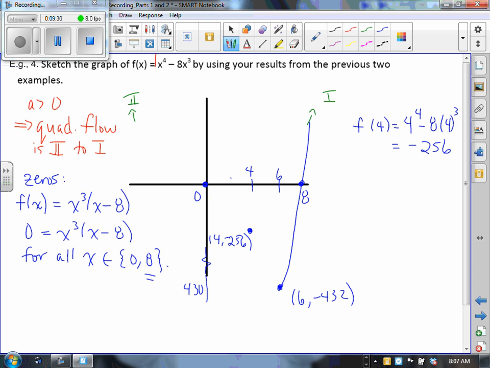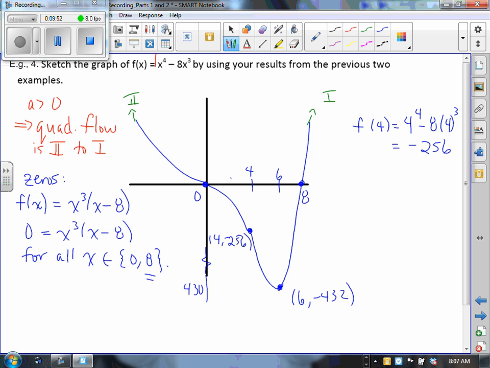So the function is going to change from concave down to concave up, reading the graph from left to right. And then we saw that at 0, it too was an inflection point. So from there, we're going to transfer from concave down back to concave up.